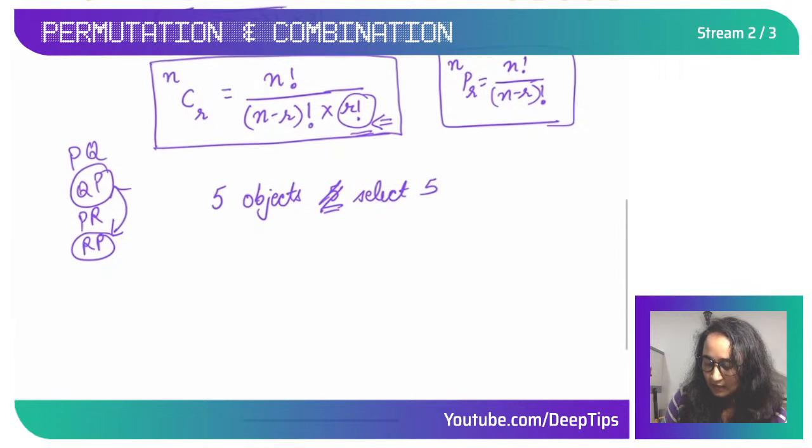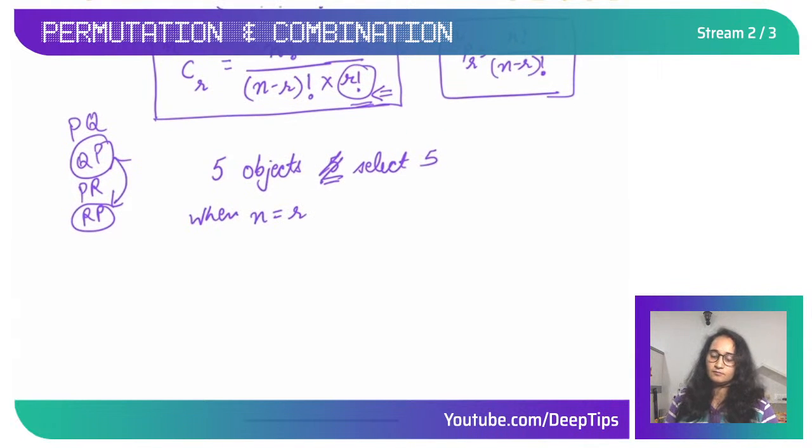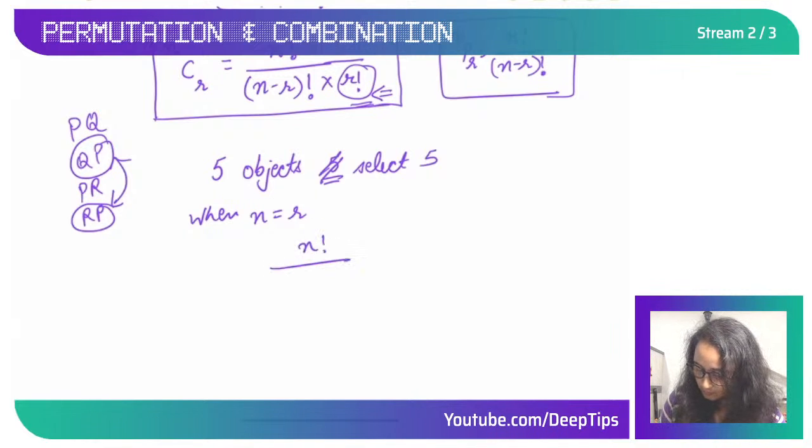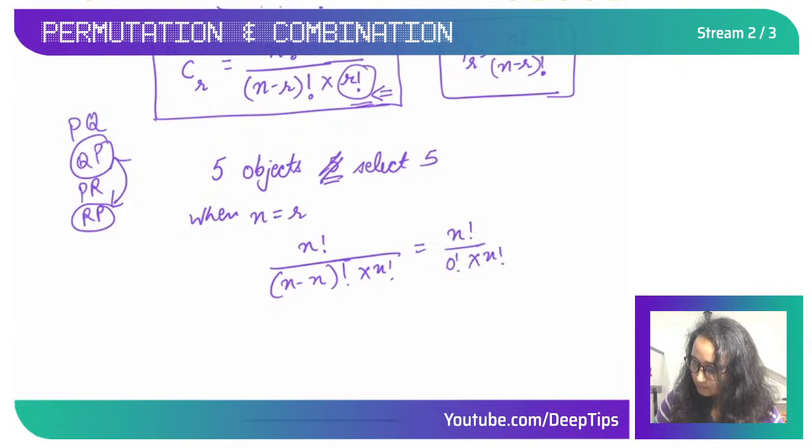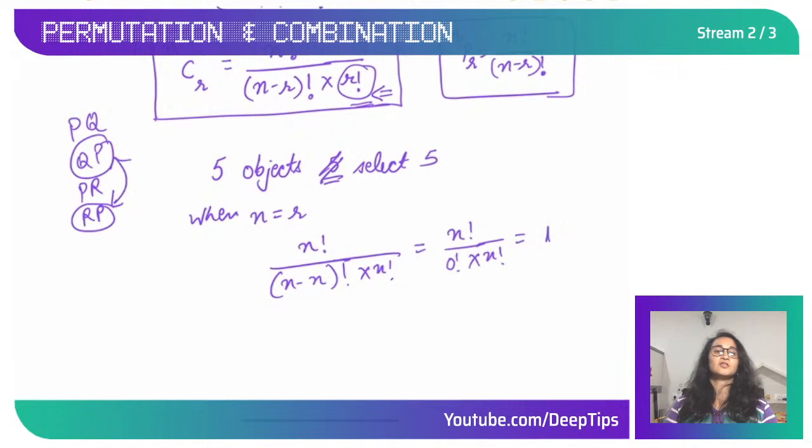So when n is equal to r, let's substitute. n factorial upon (n minus n) factorial into n factorial, or you can substitute it with r also. Anything is fine because the objects and the selection are the same. So n factorial upon 0 factorial into n factorial, which is equal to 1. So there is one and only one way to select 5 objects when 5 are given in total.